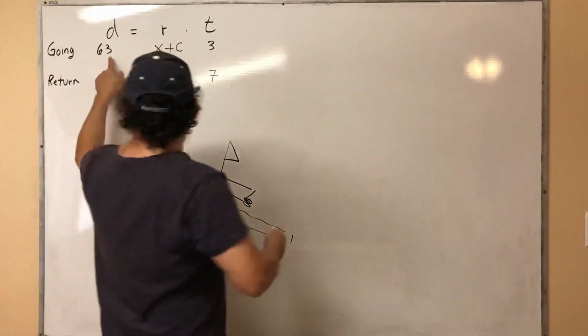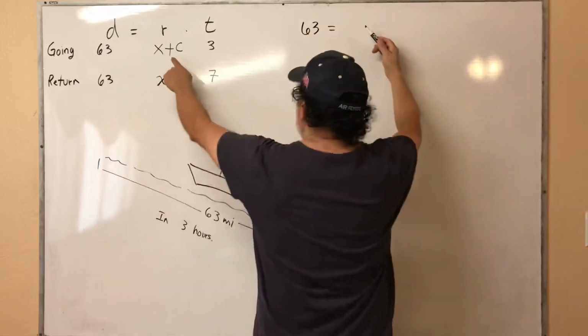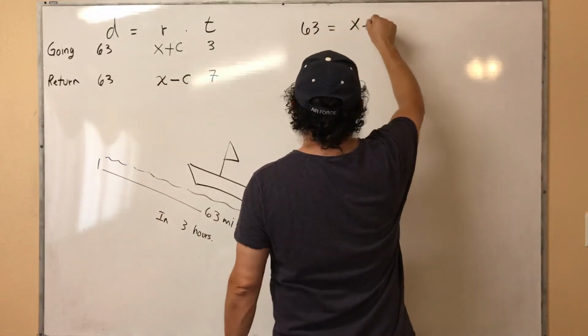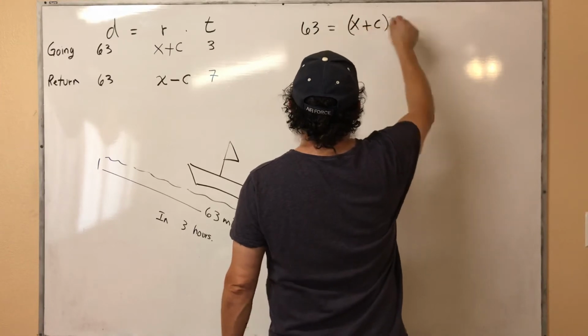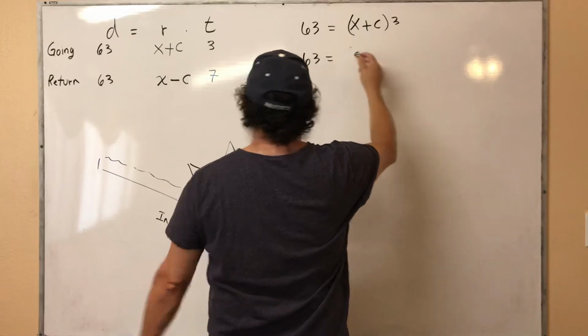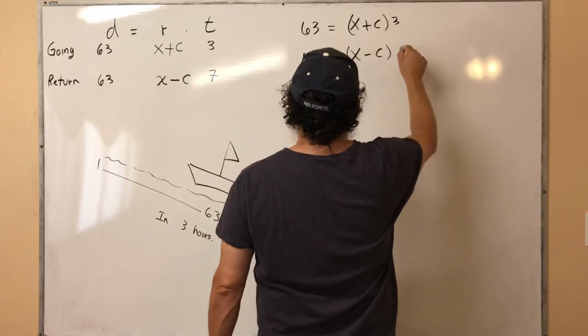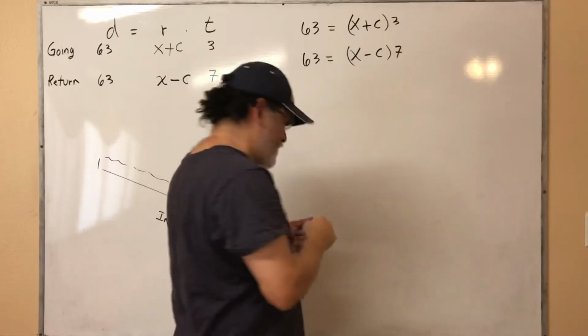So therefore, 63 equals X plus C times 3, and 63 equals X minus C times 7.